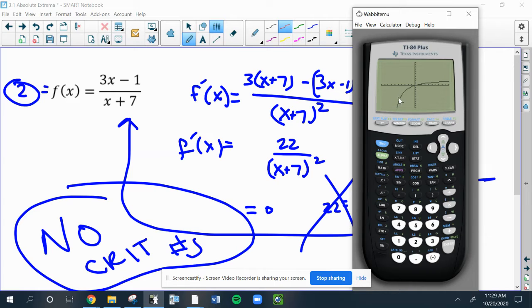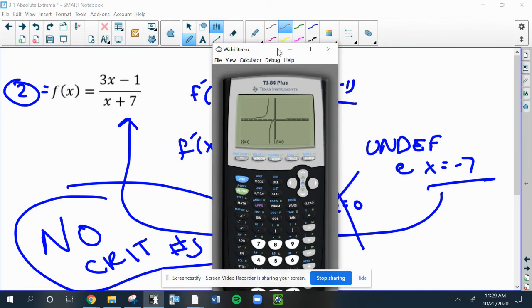There are no critical numbers here. Zoom out a little bit. Zoom 3, enter. And this graph is like a hyperbola. It's always going up. So there's no place that you're actually going to get a horizontal tangent line. And you can see it has its vertical asymptote at around -7. So there are no critical numbers.